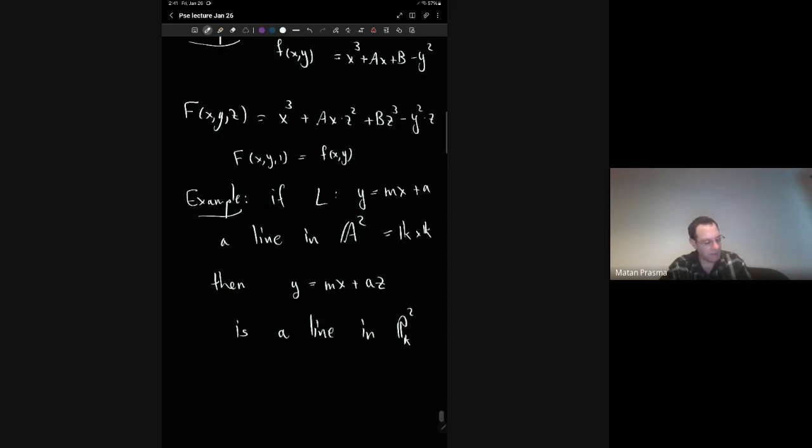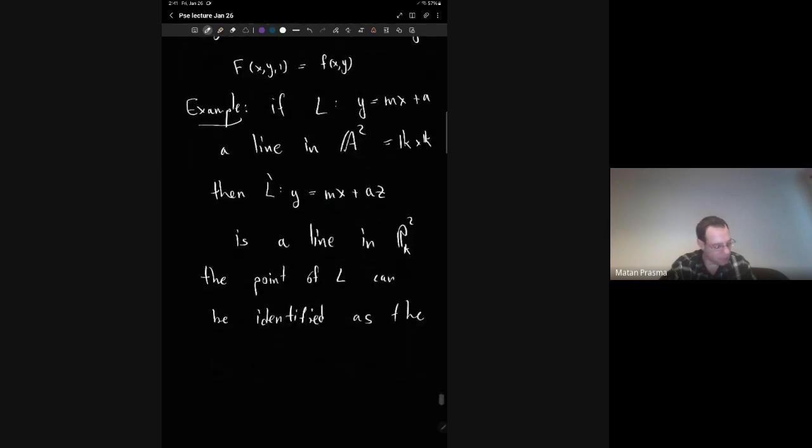The points of L, let's call the homogenized line L prime, can be identified as the points on L prime which are affine.